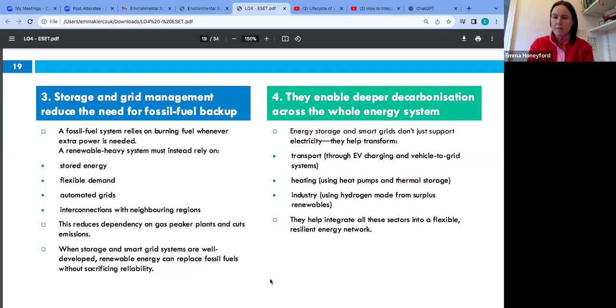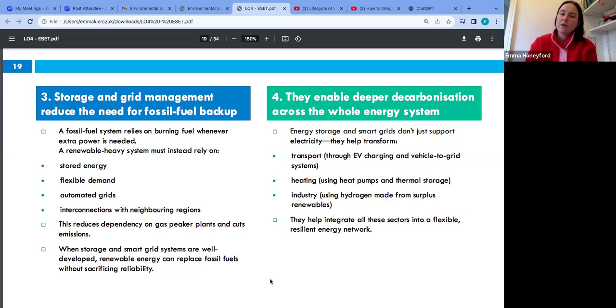So we've seen Greater Manchester and Manchester Council look to drive the use of heat pumps and thermal storage, especially for domestic consumers. So within industry, there's been a push towards using hydrogen made from surplus renewables, and they help us integrate all these sectors into a flexible, resilient energy network.